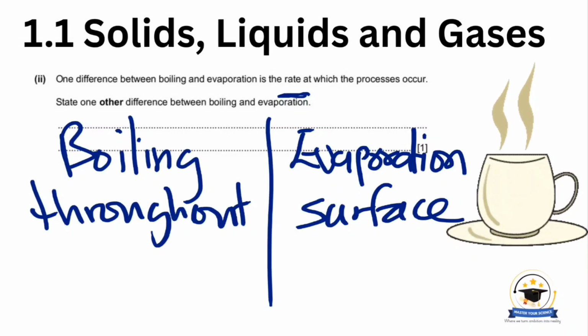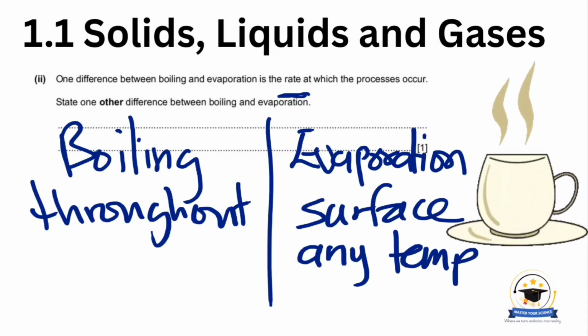The second difference is that evaporation takes place at any temperature, whereas boiling takes place at a specific temperature, which is the boiling point.